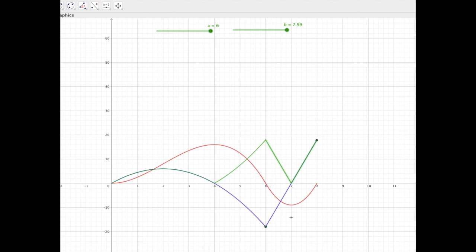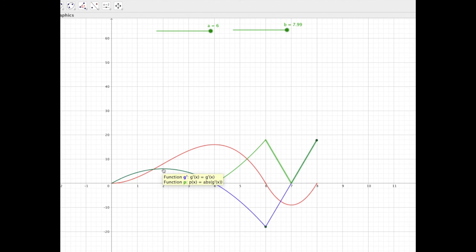And where is the velocity increasing but the speed decreasing? Well, we can see that the speed is decreasing between 6 and 7. It's also decreasing incidentally between around here, this maximum for the speed and the velocity, down to 0.